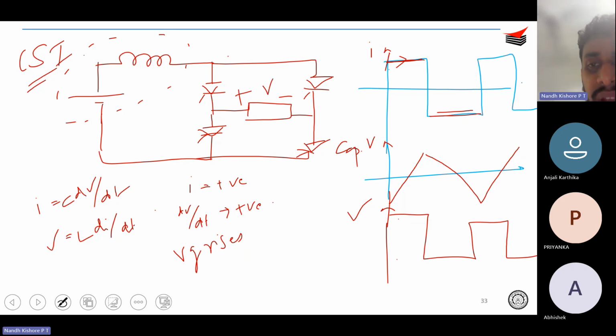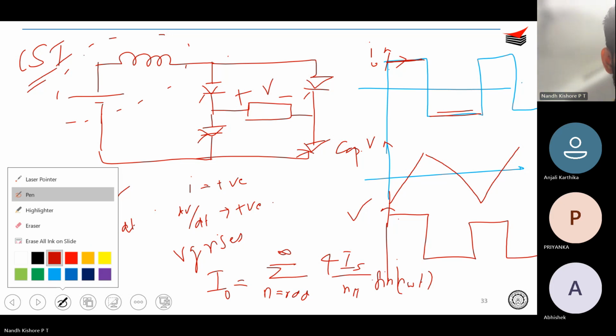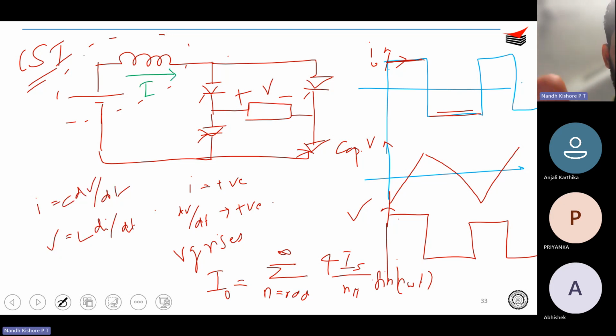So, and what will be the Fourier of this current? I naught will be simply 4 Is by n pi sin n omega t. Okay, let's say this is your current Is.